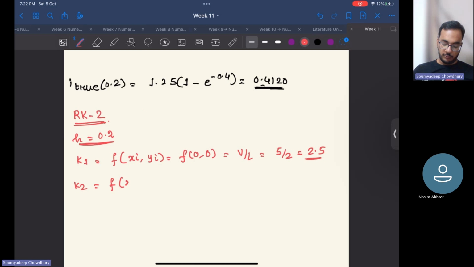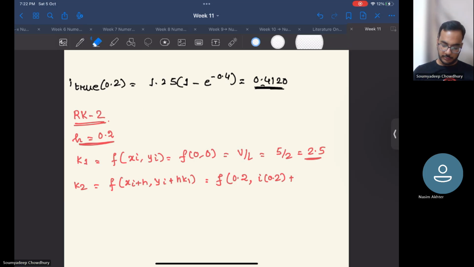What is K2? K2 is f of xi plus h and yi plus h k1. So xi is 0, 0 plus h is 0.2, comma I of 0 plus 0.2 times 2.5.